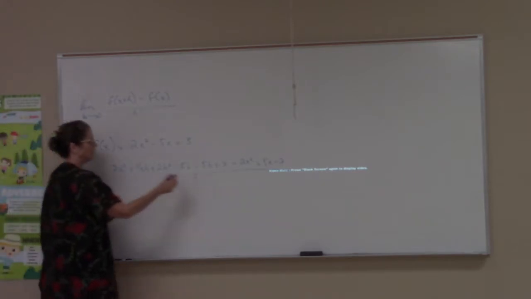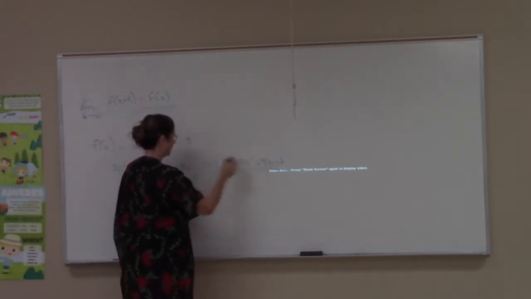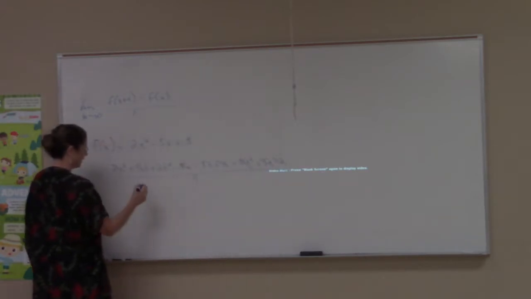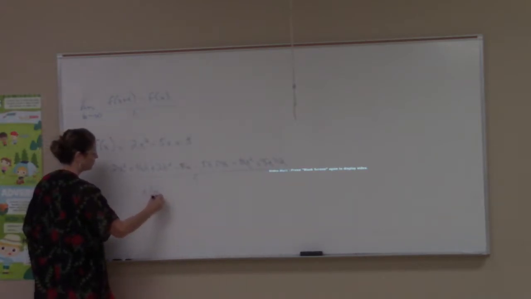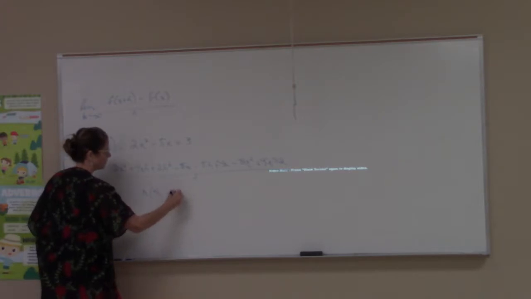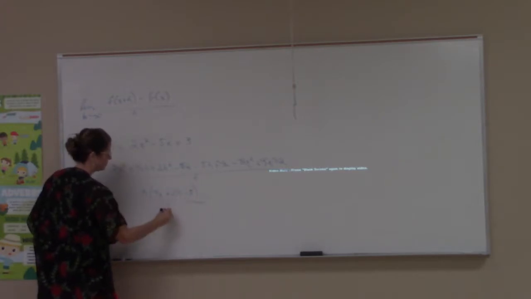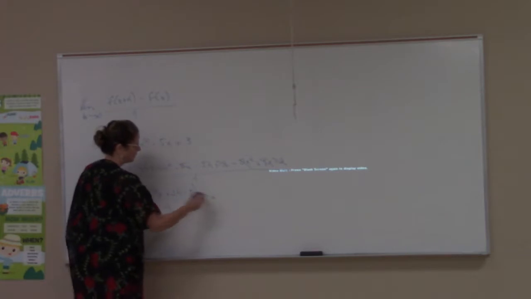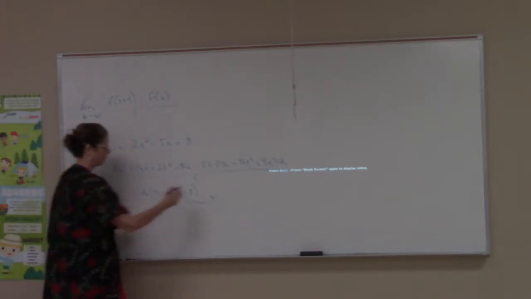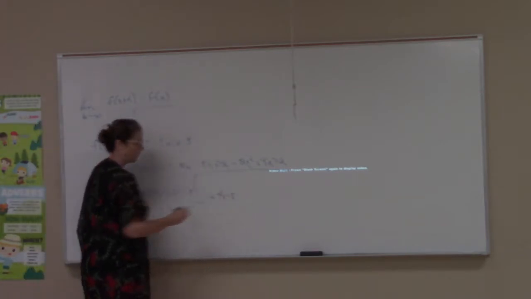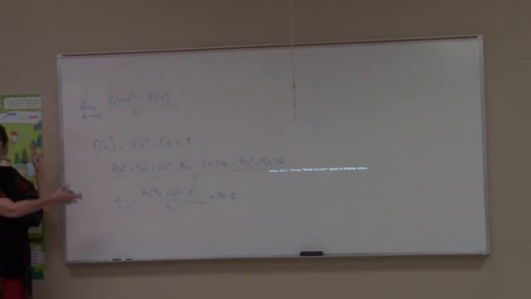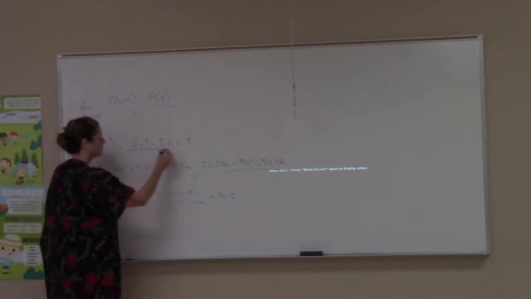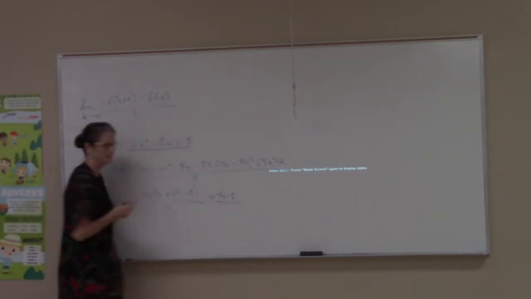I cross out my 2x squareds, cross out my 5x, cross out my 3's, and I end up with h times 4x plus 2h minus 5 all over h. I cancel my h's. The limit as h goes to 0, what does my limit become? 4x minus 5. Okay? So that's how we found the limit using the definition of the derivative. We started with this. We ended with this.